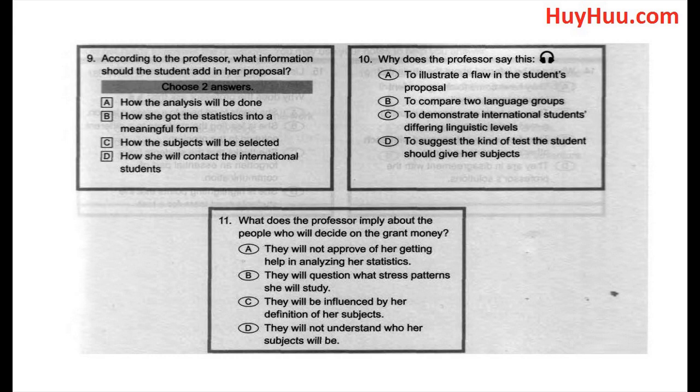According to the professor, what information should the student add in her proposal? 10. Why does the professor say this? The proposal as you have it seems, well, somewhat like comparing apples and oranges. 11. What does the professor imply about the people who will decide on the grant money?